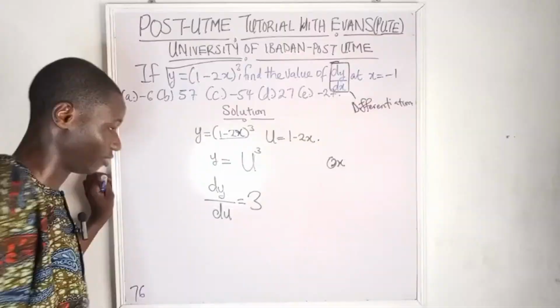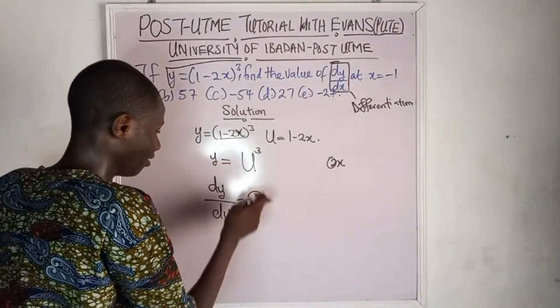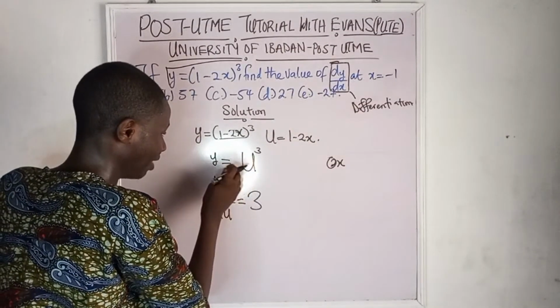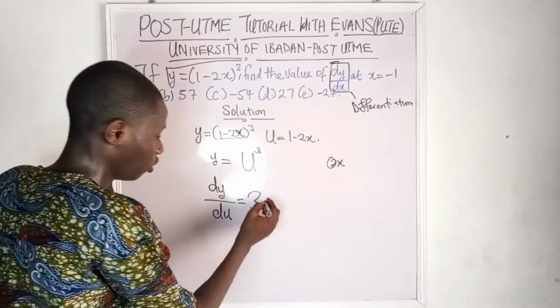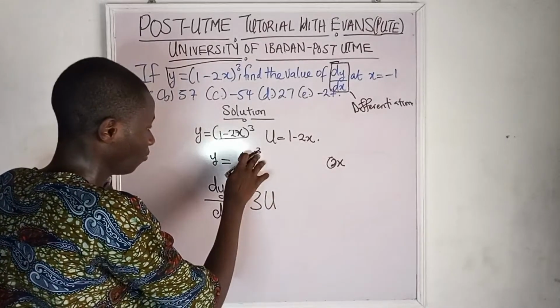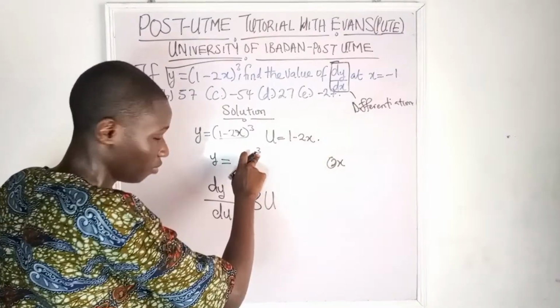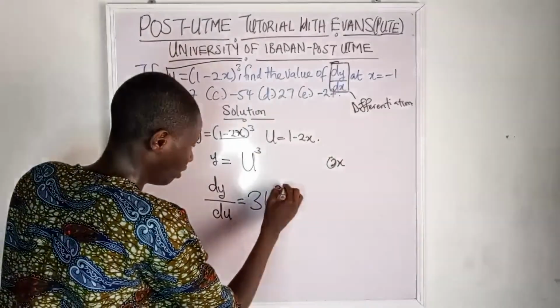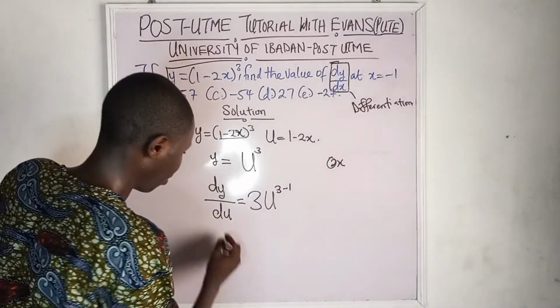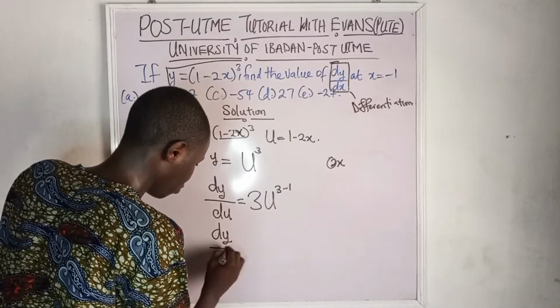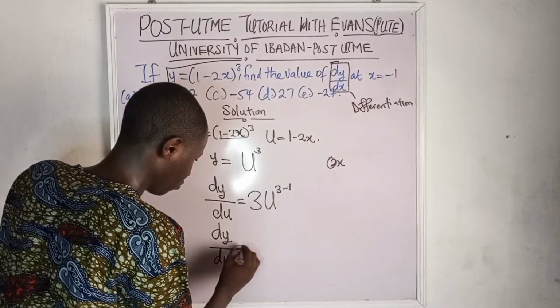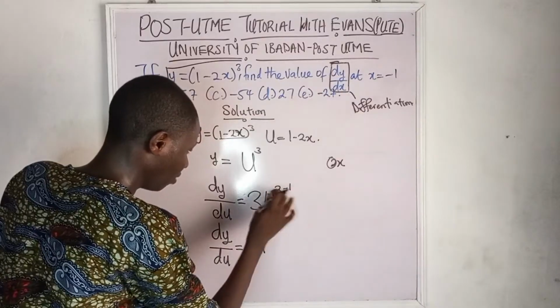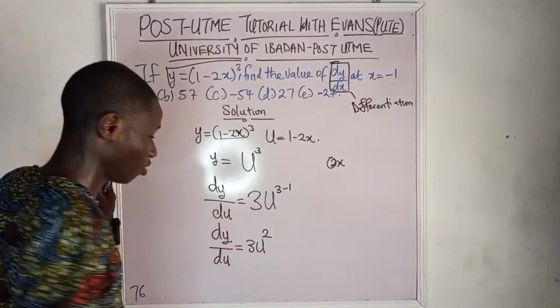So you bring 3 down, multiplying by the coefficient of u. You still have u, and you now remove 1 from this 3. So our dy/du will be equal to 3u raised to power 3 - 1, which is 2.